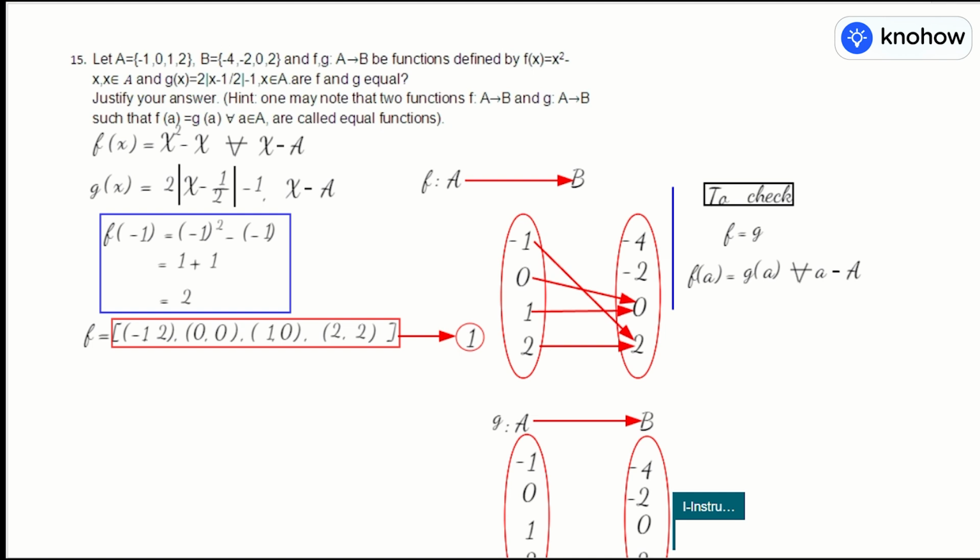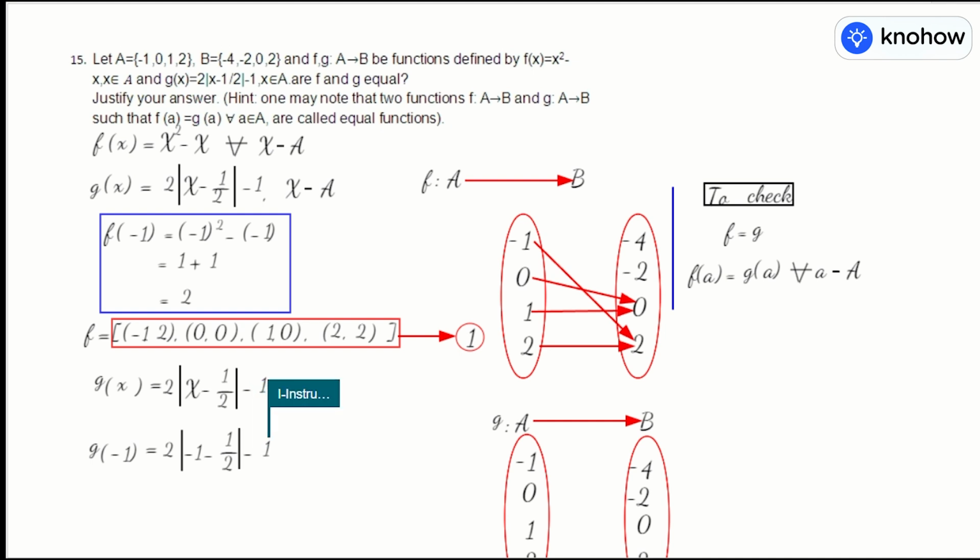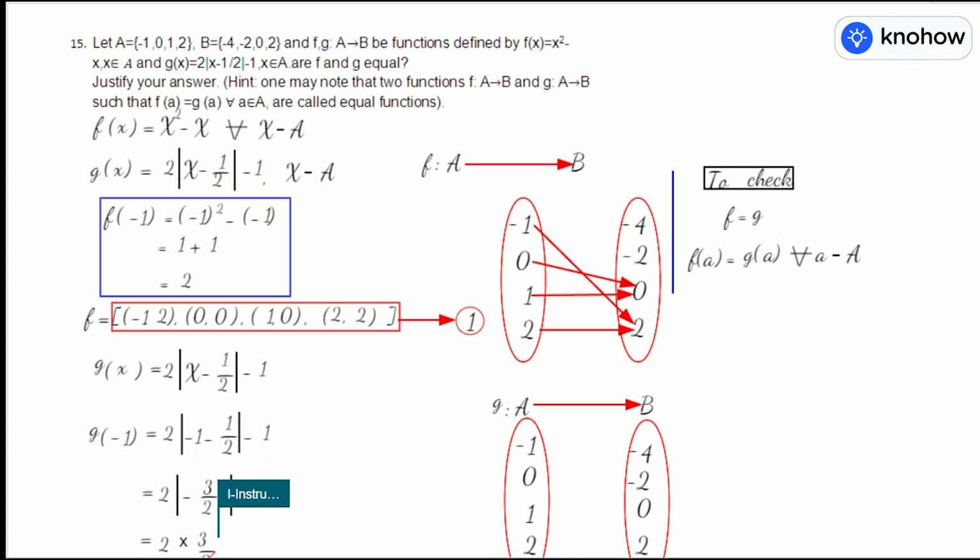And how is the function defined? g(x) is defined as 2|x - 1/2| - 1. Now what is g of -1? g(-1) will be 2|-1 - 1/2| - 1. -1 minus half will be -3/2, but the modulus of -3/2 will be 3/2.